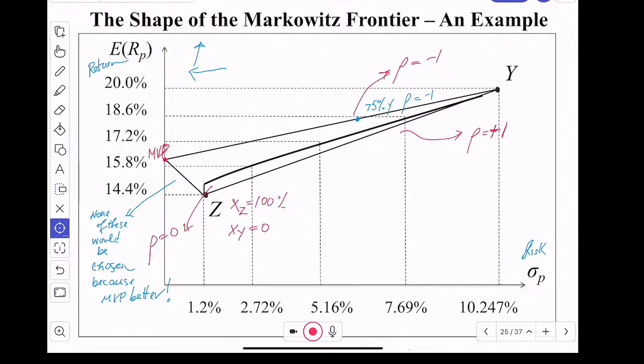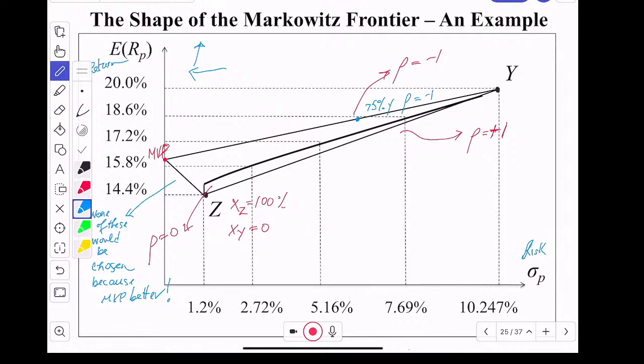If the correlation between two assets is 0, so they're uncorrelated, there'll be a few options, going from 100% investment in Z, adding in some of Y, that will increase the return but not decrease the standard deviation. So you would, again, none of these would be chosen. This one would be preferred.